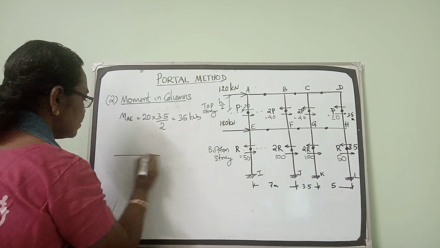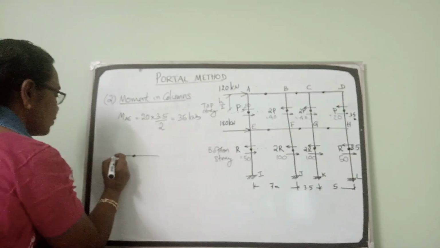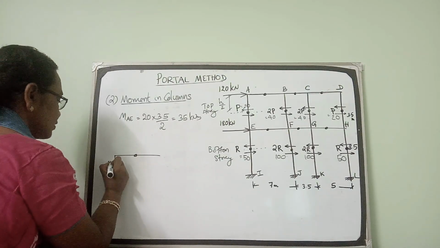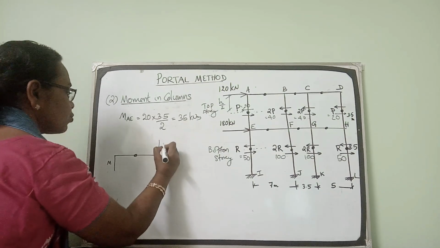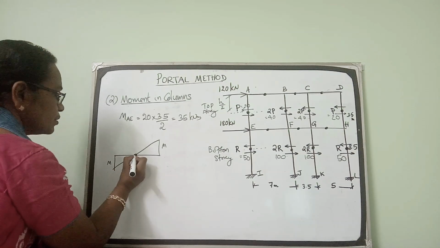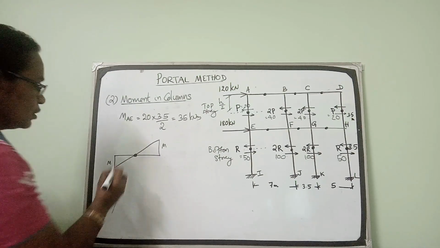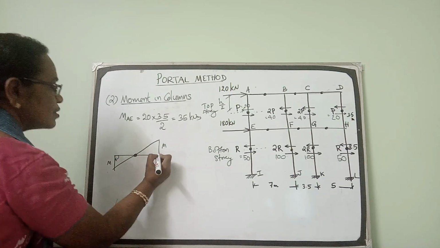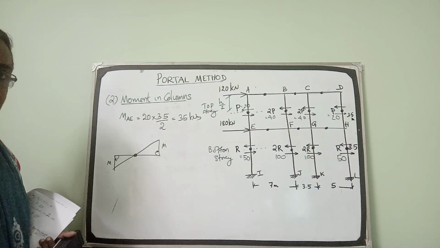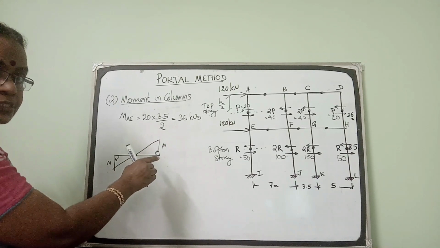Point of contraflexure means a point where the bending moment is 0. So if it is at the midpoint, the moment at one end is, say, M, and the moment at the other end will also be equal to M, by symmetry. Both these moments are of the same nature, that is, clockwise moments.